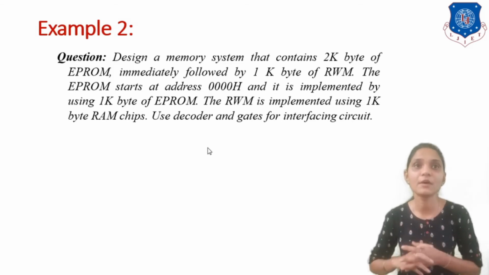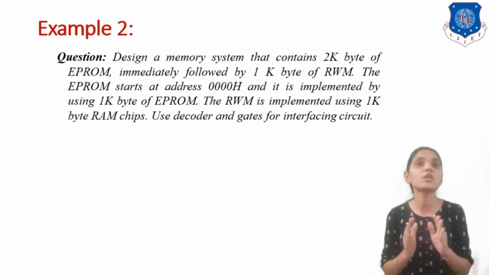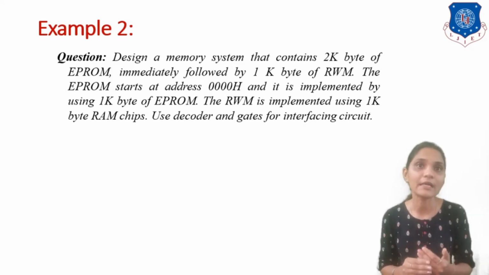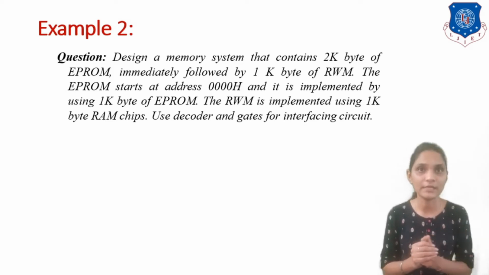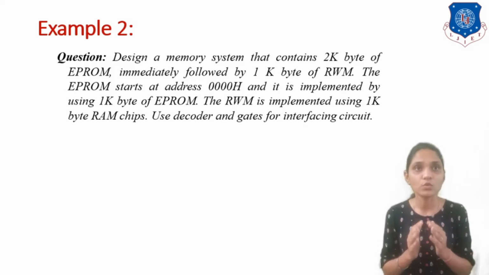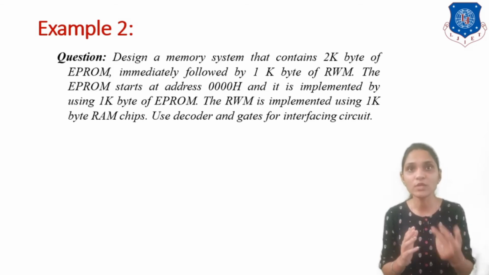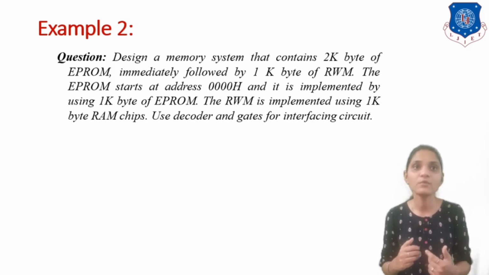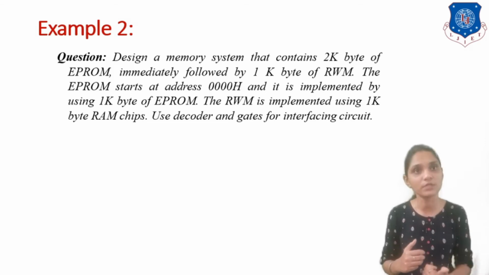Let me say I want to design a memory system that contains 2 kilobytes of EEPROM, and that is implemented by 1 kilobyte chips, and 1 kilobyte of read and write memory. So we require a total of 2 types of memory: EEPROM of 2 kilobytes, and RAM, or read write memory, of 1 kilobyte.